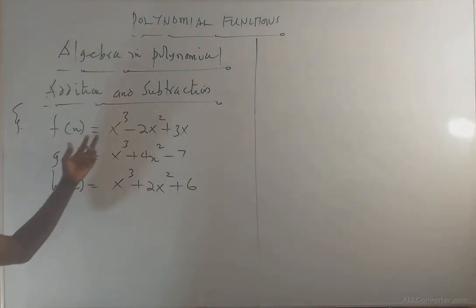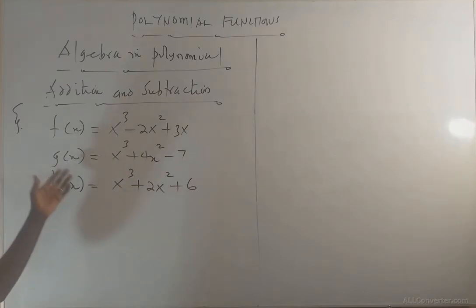We can see that the first one is a cubic function because the highest exponent is 3. The second one is also a cubic function. The third one is also a cubic function.